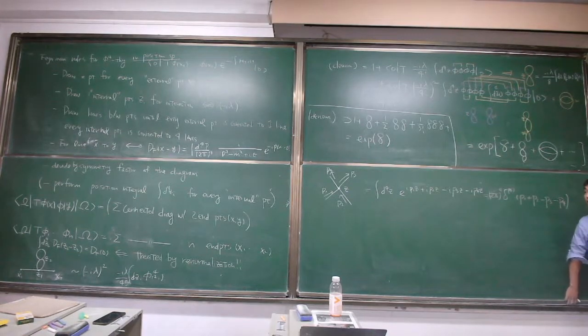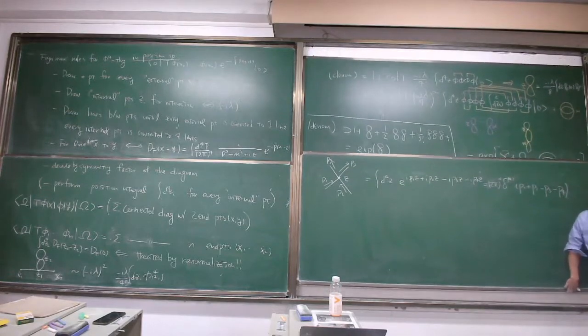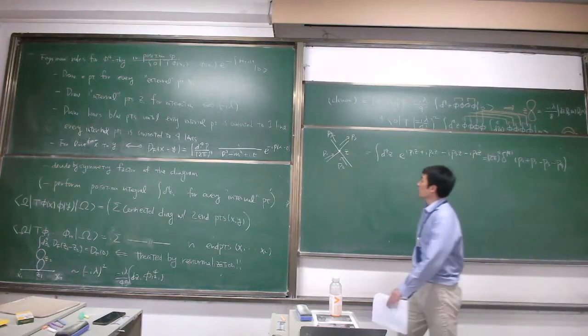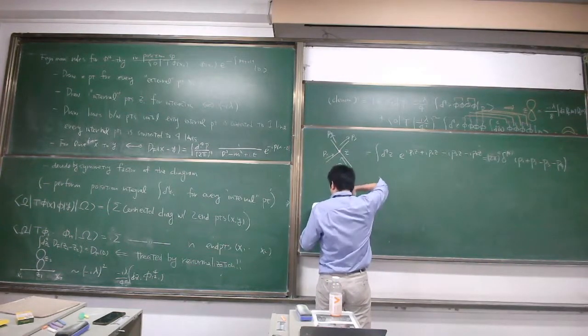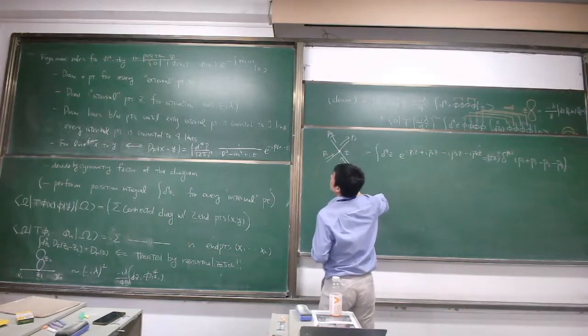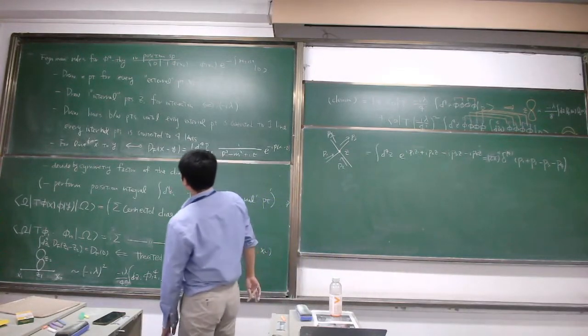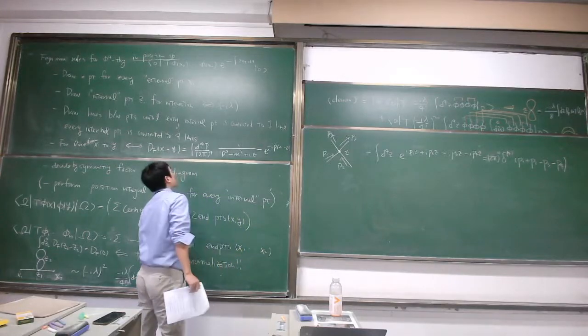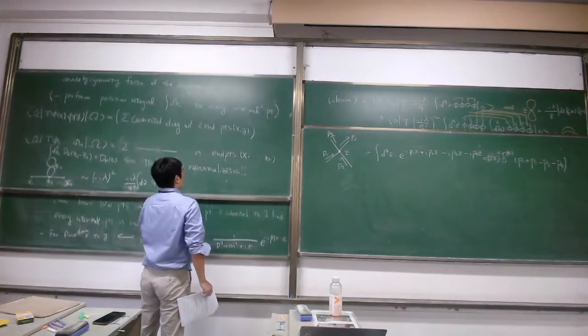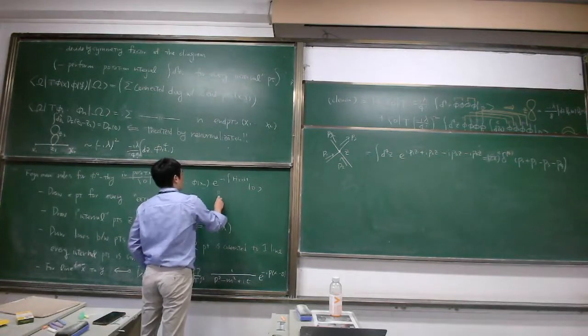And in fact, this is position space, but if you go to momentum space, let's consider this quantity. Let's call this quantity g(x1, ..., xn).